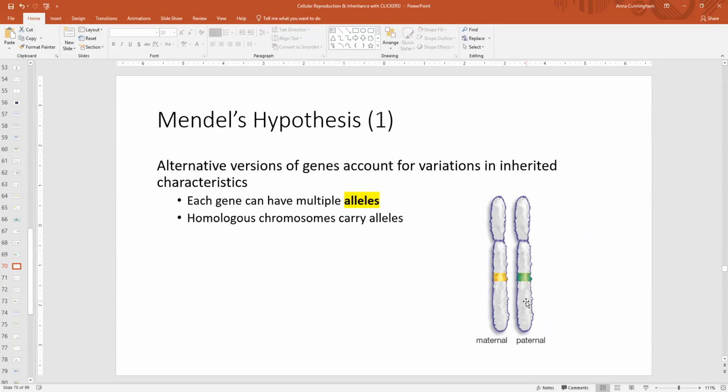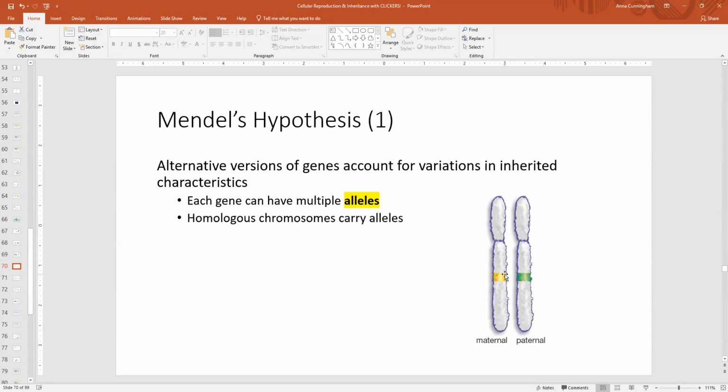chromosome 1. So these homologous chromosomes both contain all of the same genes, but they may not contain the same version of those genes. For example, this picture is showing pod color. So this chromosome and this chromosome are homologous. They have the same genes. One of those genes is the gene for pod color, right?